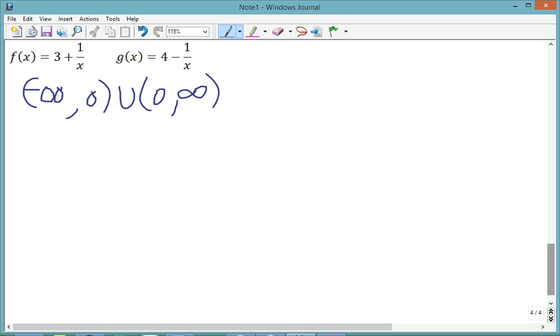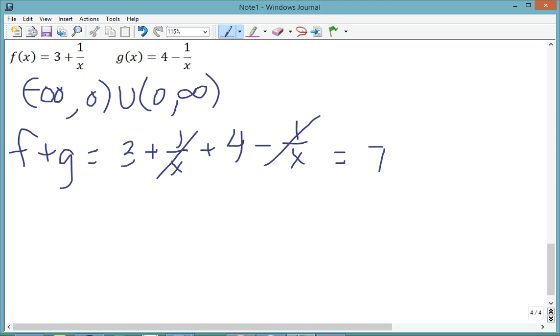Okay, well, let's see what happens when we do f plus g. All right, so we have 3 plus 1 over x plus 4 minus 1 over x. And we have that 1 over x and negative 1 over x, so this whole thing equals 7. So, it's a constant function.